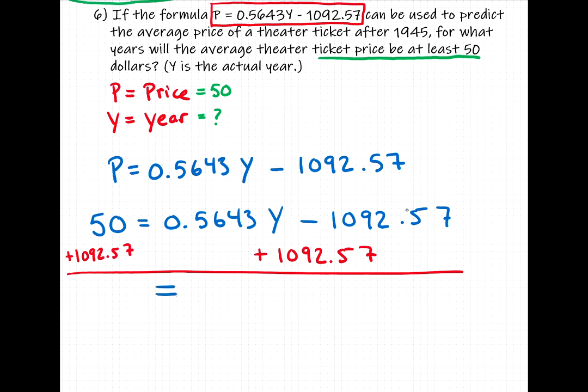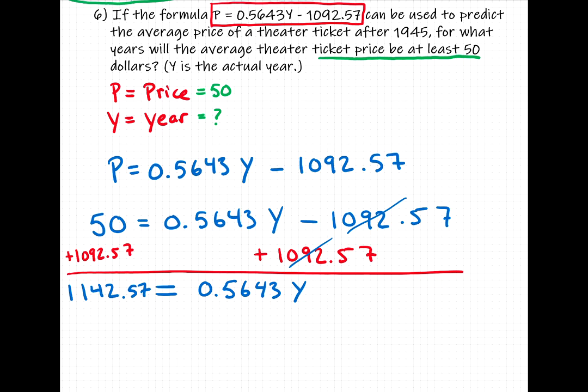Okay, so on the right-hand side, the minus and plus, they cancel. So we're left with 0.5643y. And on the left-hand side, we have 50 plus 1,092.57. So that's 1,142.57. All right. One thing left to do here. To get y by itself, we need to get rid of this multiplication, this times 0.5643.